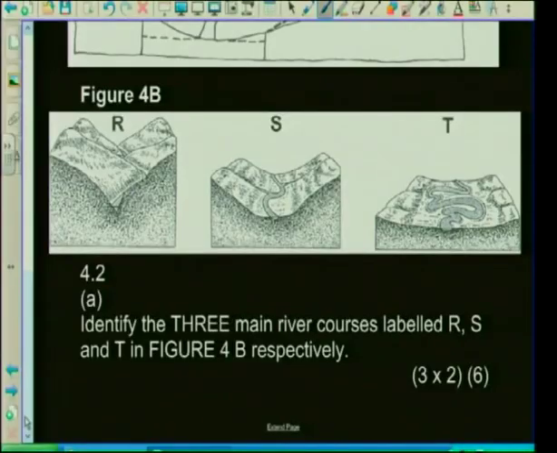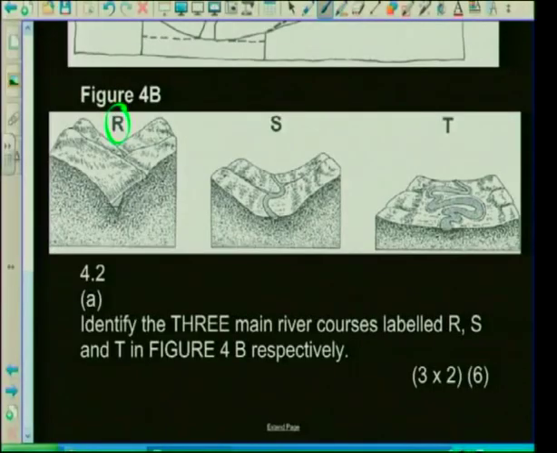Right, 4.2a says, identify the three main river courses labeled R, S, and T. So in the beginning, I showed you whereabouts those courses would come from, and this question is now asking us to name them. If we look at letter R, I already pointed out that that occurs in the upper regions of our river.